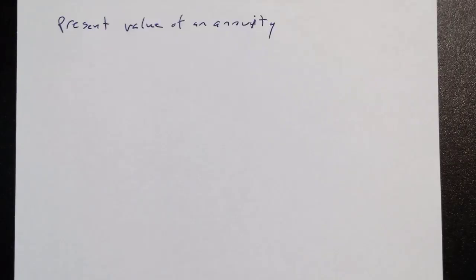Let me think of it this way. I'm setting up a trust fund. This trust fund is going to pay you $1,000 a year from now, 2 years from now, 3 years from now, and 4 years from now.